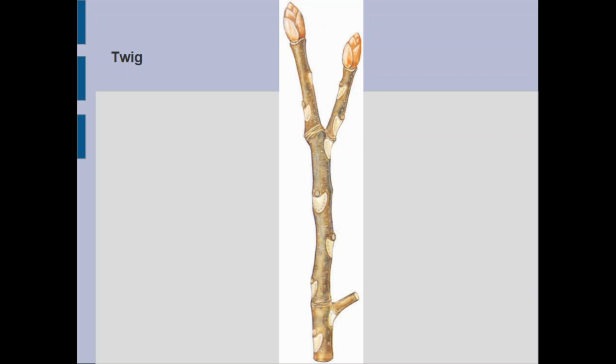Second is providing transport for the water and minerals and the organic substances. So the roots absorb the water and minerals, and they pass it through the stem to the leaves. So leaves can make photosynthesis and produce carbohydrates.